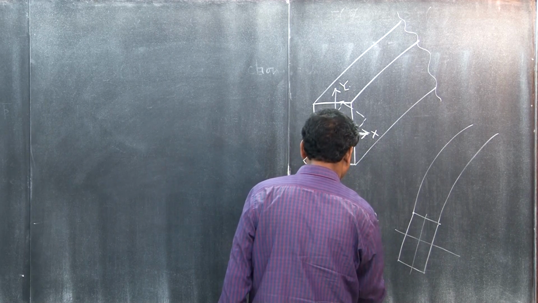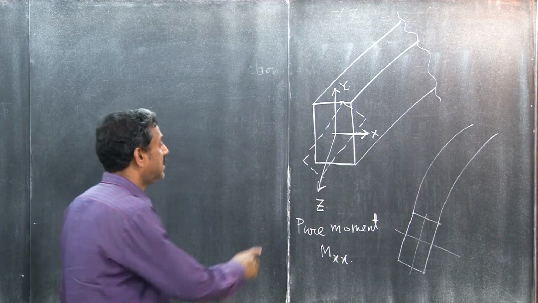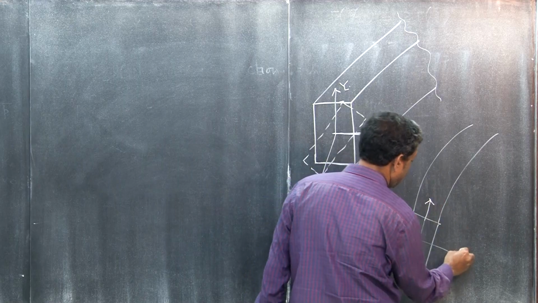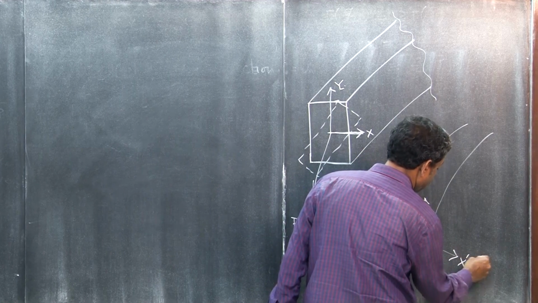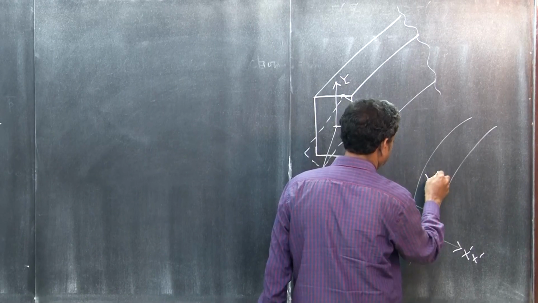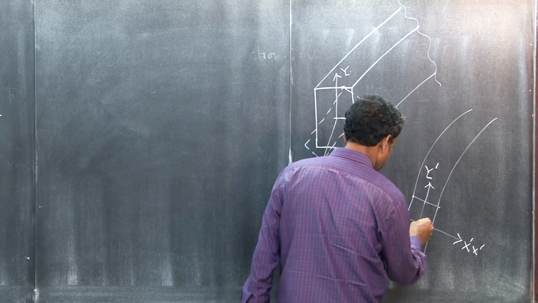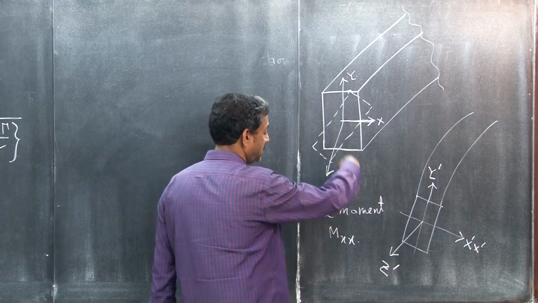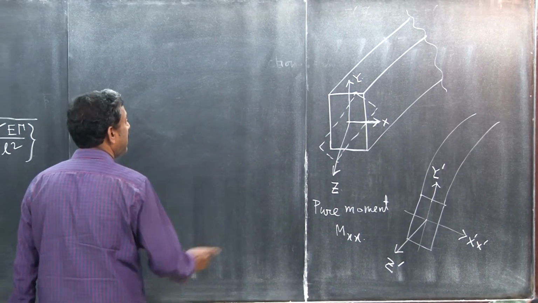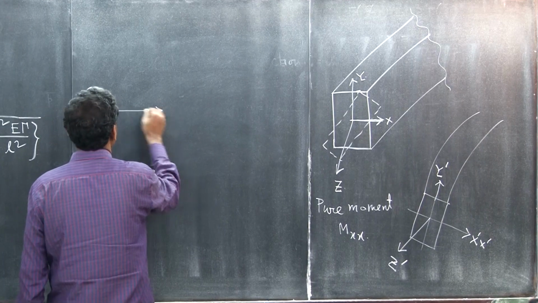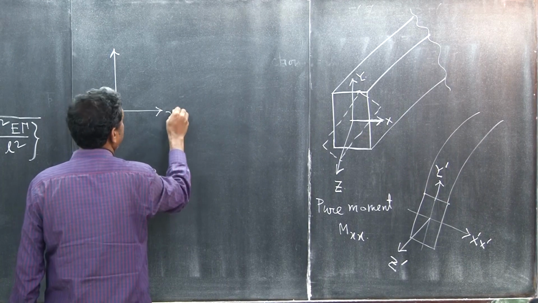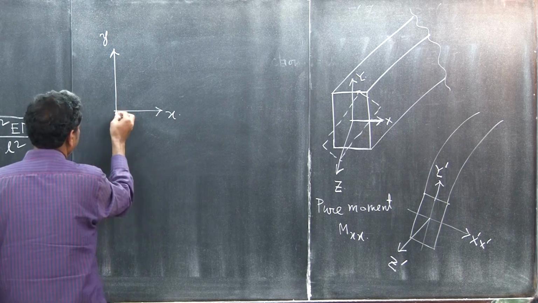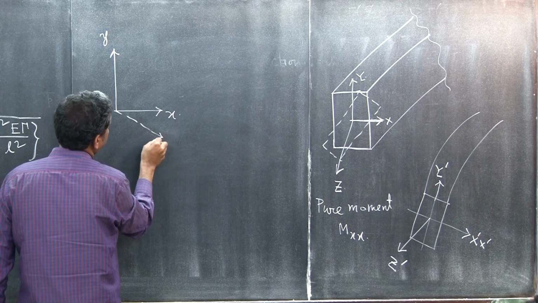Now x, y, z is going to deform, and I am considering this to be x dot, this y dot, and this z dot. z and z dot will be parallel, so that is not a problem, but there will be some change from x, y to x dot, y dot.